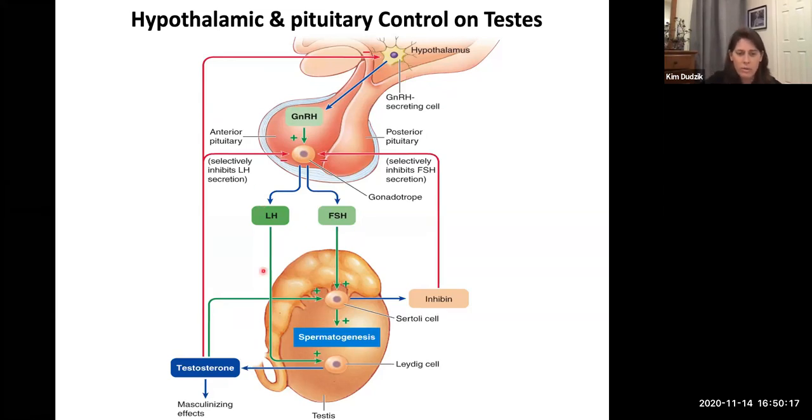Luteinizing hormone targets the Leydig cells. I remember L for luteinizing and L for Leydig. That's going to cause the Leydig cells to secrete testosterone, and testosterone is going to help with spermatogenesis. We'll get to the negative feedback in a minute. It also causes those other masculinizing effects we talked about. But let's go with FSH now. FSH targets the Sertoli cell.